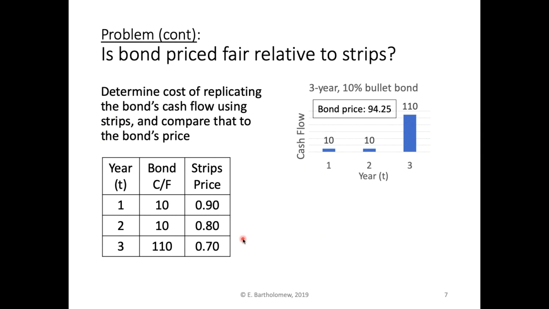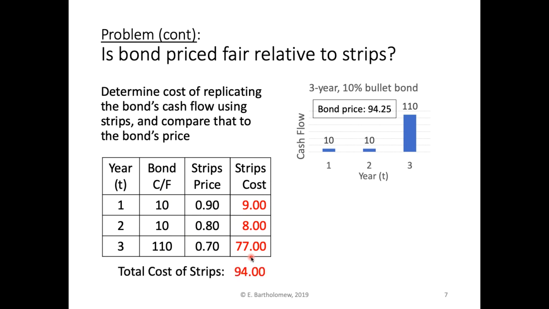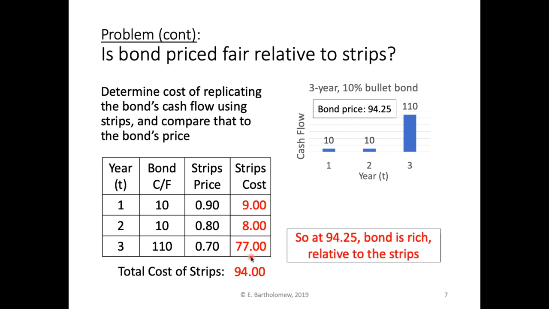Well, let's see. We'll take the bond cash flows of 10, 10, and 110 that have been stripped and see what the strips cost for each of those cash flows. So 10 times 0.9 is $9, 10 times 0.8 is $8, and 110 times 0.7 is $77. We sum that together for $94, and we see that actually the bond is rich.